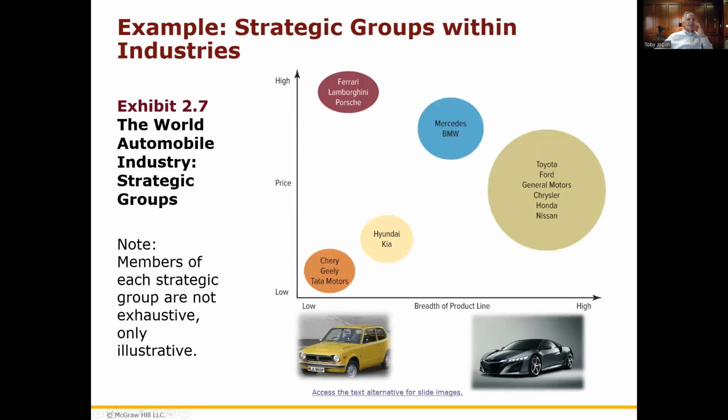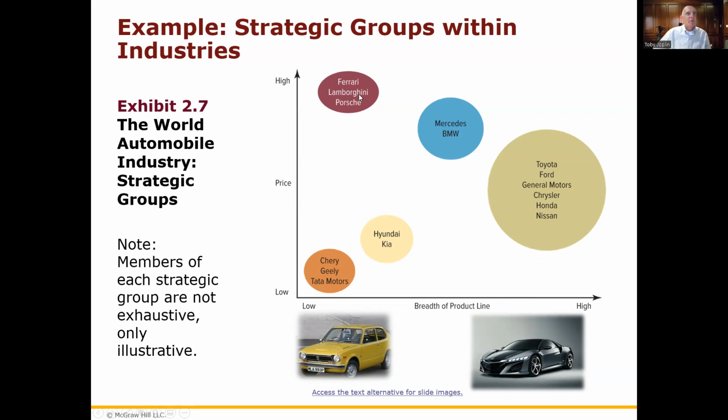Here's an example of strategic groups for the automobile industry. On the vertical axis, we plotted price, and on the horizontal axis, we plotted the breadth of the product line. And so you can see out here, in terms of a broad product line and a moderate price, we see the automobile companies we typically think of: Toyota, Ford, GM, Chrysler, Honda, Nissan, right?